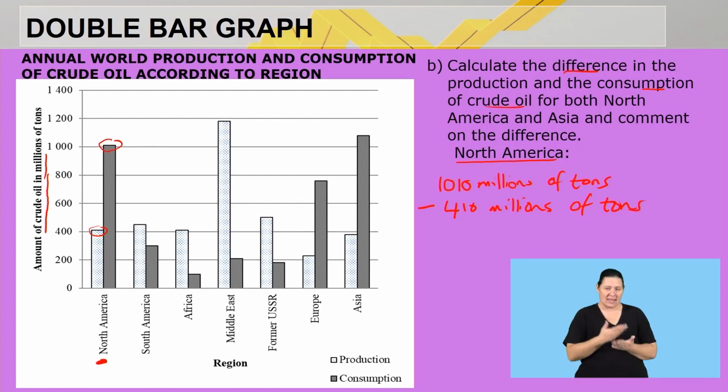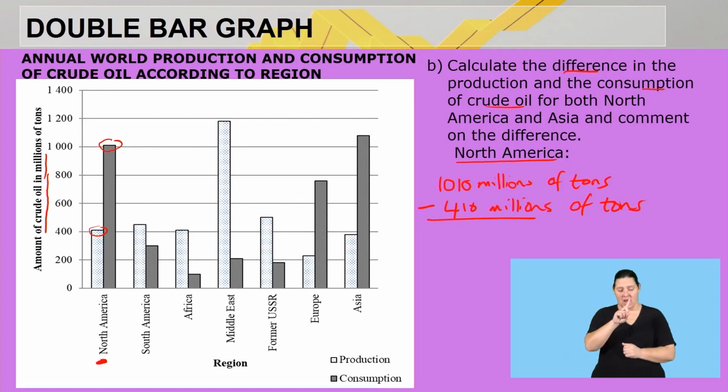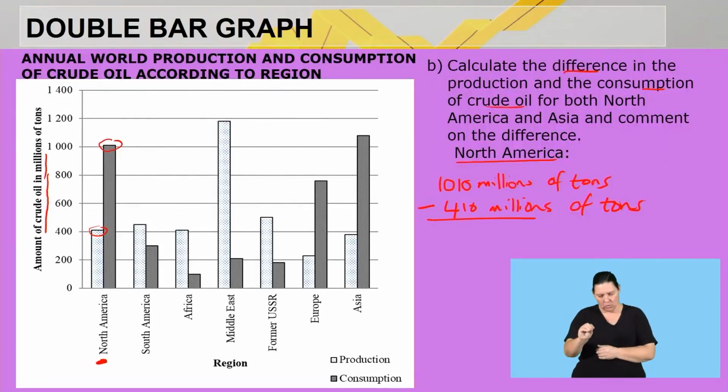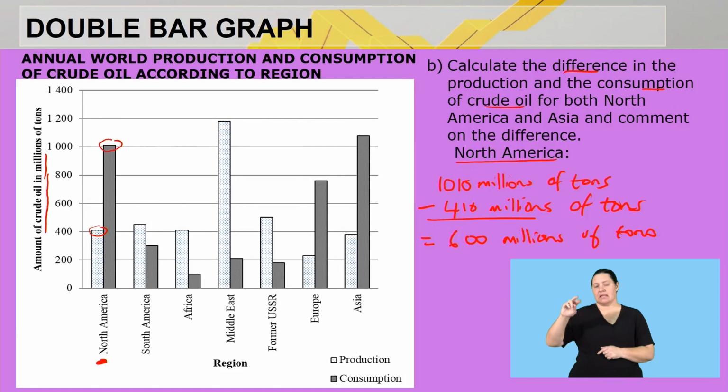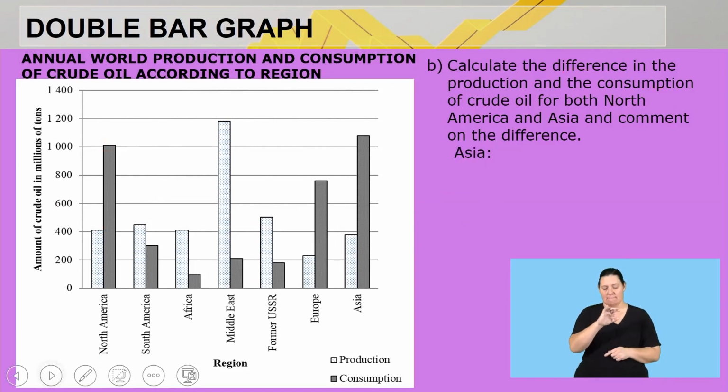So I'll say 1,010 million minus 410, and it's important that you indicate the word million here, otherwise you'll indicate it's 1,010 tons, which is not the case. That gives us 600 millions of tons. Guys, I hope that's clear. So for North America, the difference in the production and consumption of crude oil is 600 millions of tons.